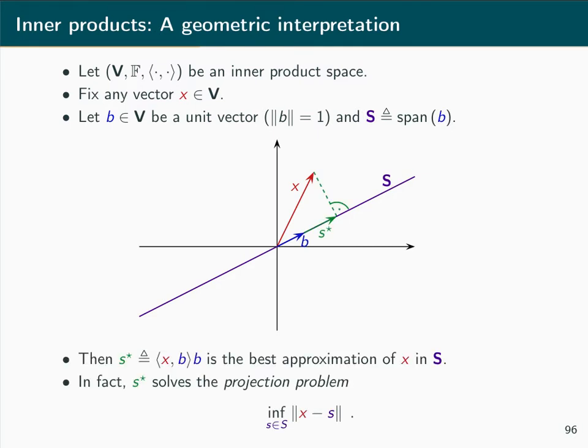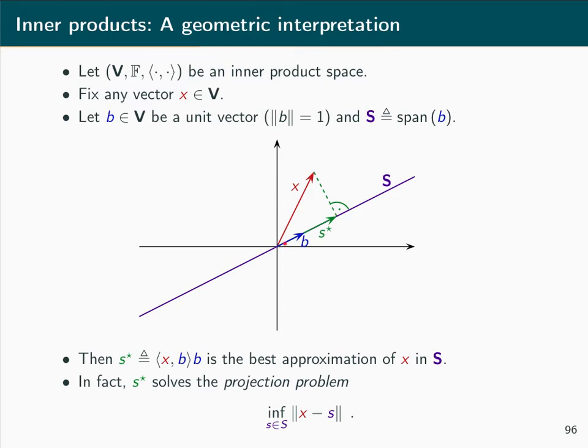Now, by just using scalar vector multiplication and the inner product, we're able to construct the vector S star, which is the best approximation of the vector x inside the subspace S. The term best approximation refers to the fact that the error between the vector x and our best approximation vector S star, so the length of this vector here, is minimized.